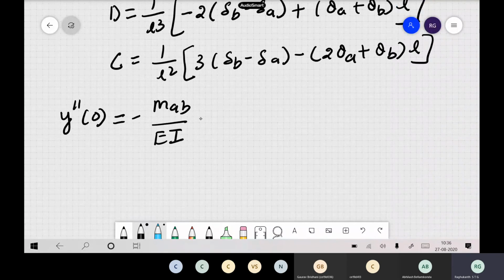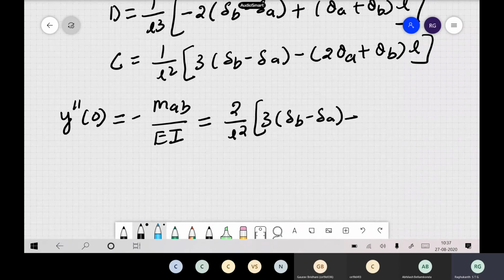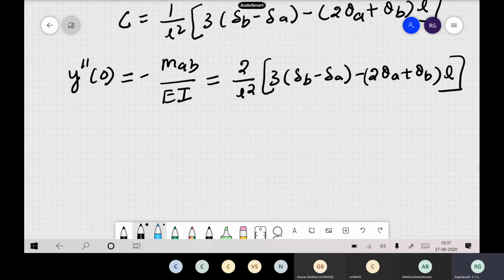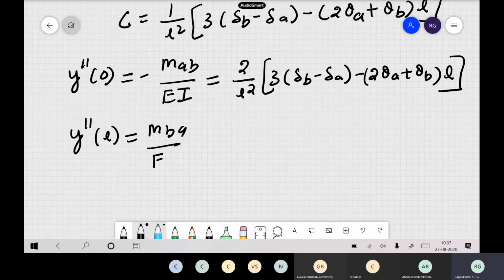Now you write this slope deflection with all the A, B, C, D. If you substitute, you can write 2 by L square into 3 into delta B minus delta A, minus 2 times theta A plus theta B into L. So this is your y double dash, and you can also write y double dash at L, which is equal to MBA by EI.